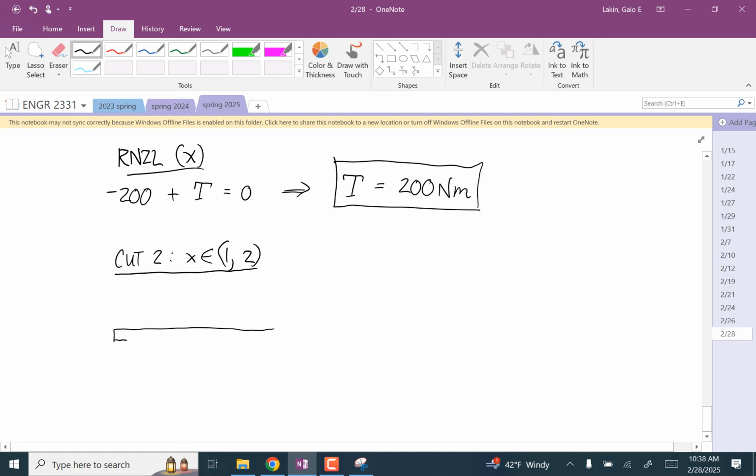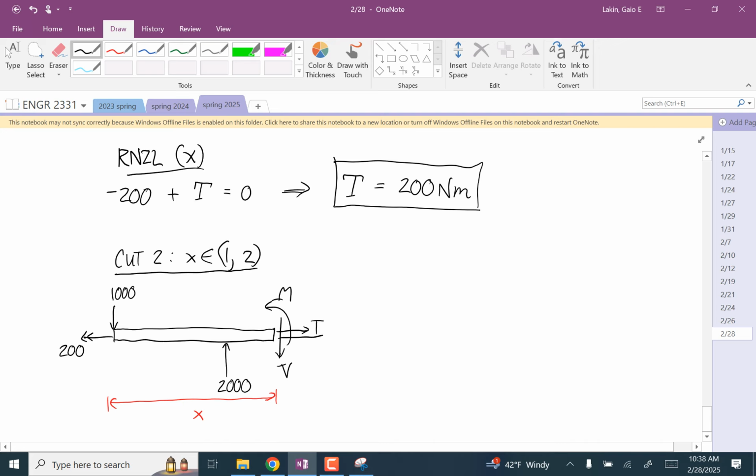And so I'll draw a representative piece. The length of this is x, but this time x has to be somewhere between 1 and 2. And we have the 1,000, the 200, the 2,000, and then T, V, M, and torque.